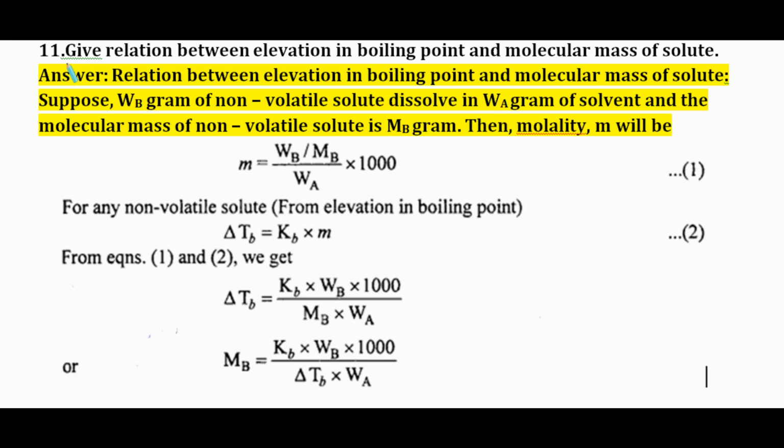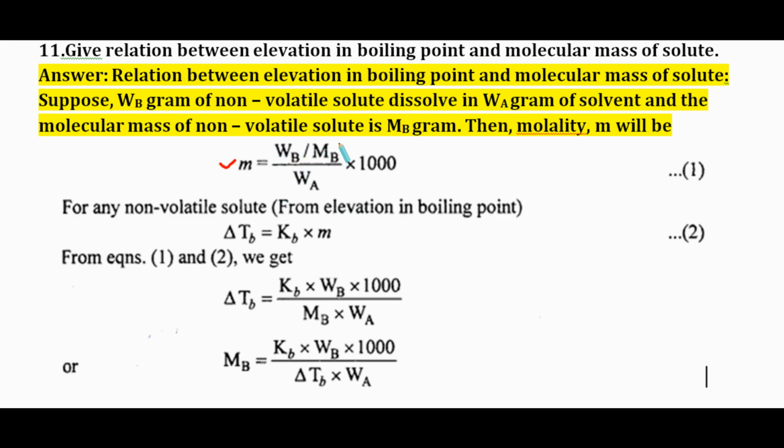Next question is, give the relation between elevation in boiling point and molecular mass of solute. Suppose Wb gram of non-volatile solute is dissolved in Wa gram of solvent, and the molecular mass of the non-volatile solute is Mb gram, then the molality m will be. This is the formula of molality.